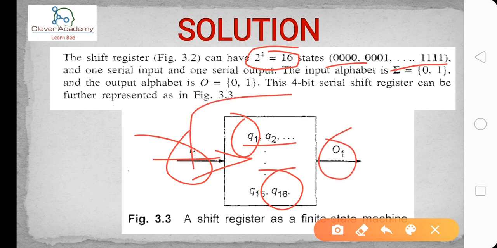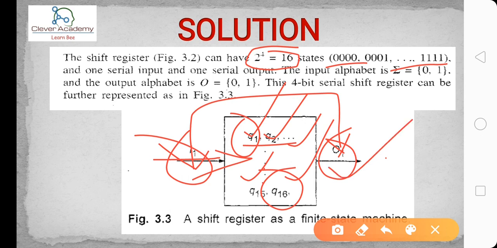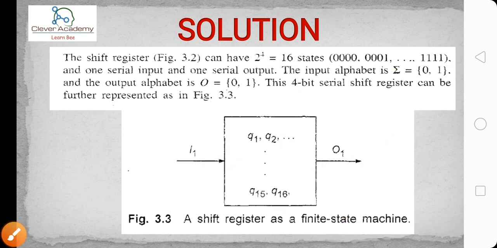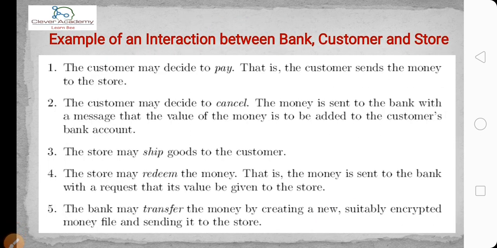So you have input, output, and different states, and based upon the different states it moves from one state to another, and in the end it produces the output. That's the way we represent a finite automata.